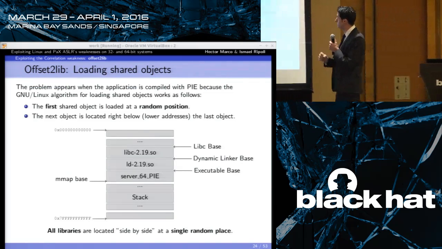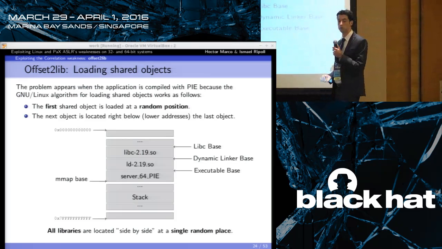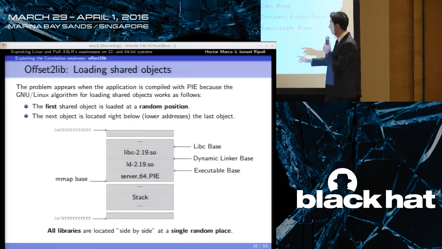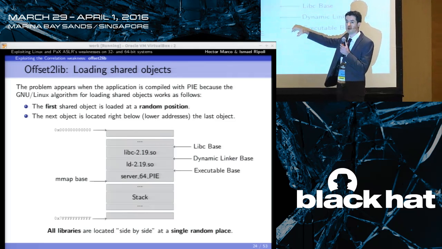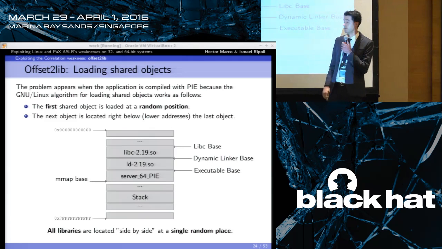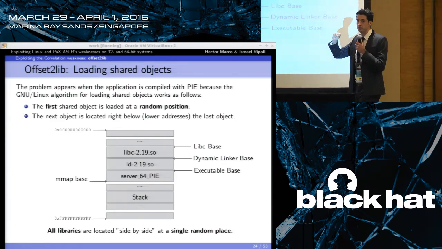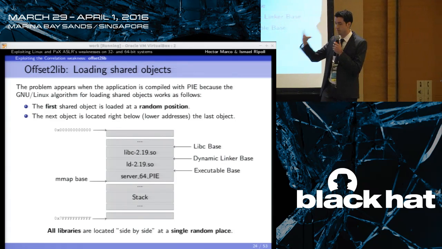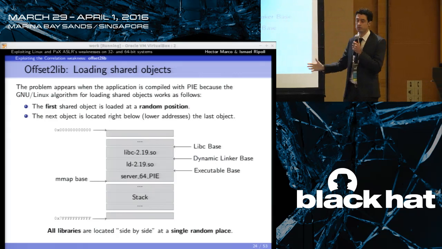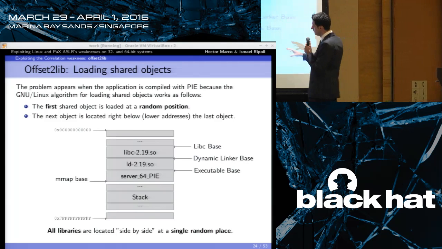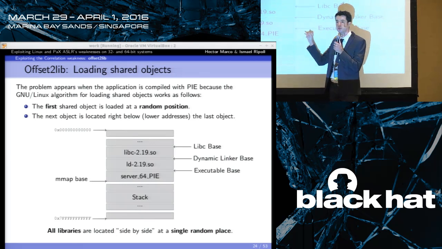So as Ismael says, the problem appears when the executable is PIE compiled, because the executable is loaded in memory side by side together with the libraries. Maybe you think that ASLR is a mechanism which loads every object in a random place of the memory. But actually, to randomize the libraries, only the first one is randomized.